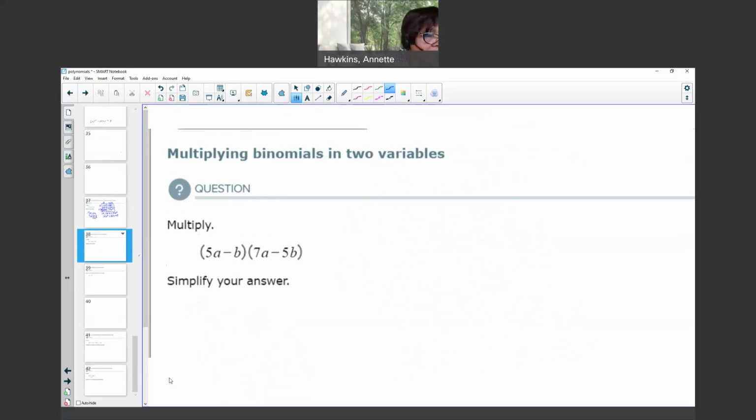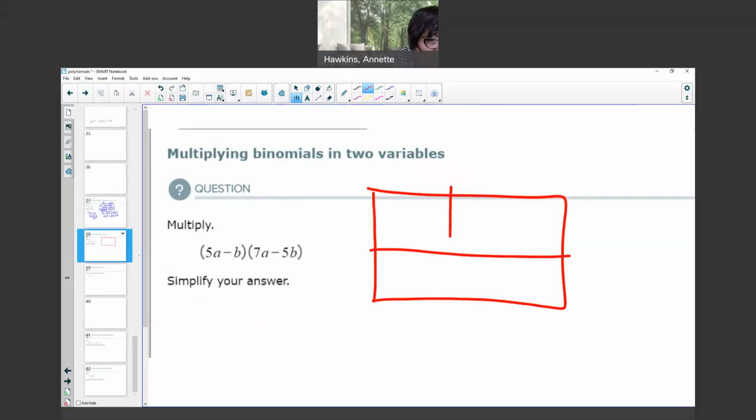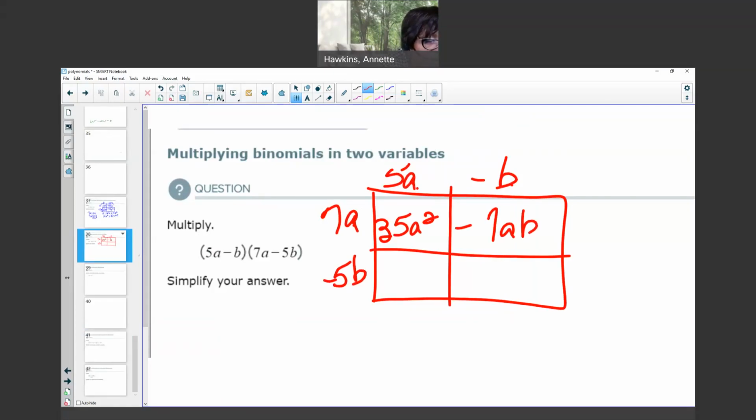Let's do this one. 5a minus b, 7a minus 5b. 7a times 5a is 35a squared. 7a times minus b is negative 7ab.